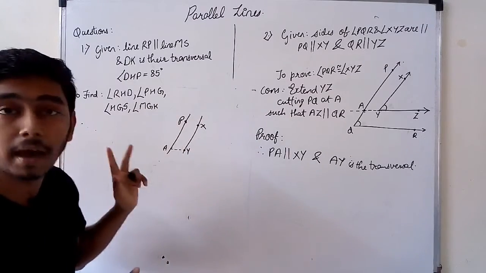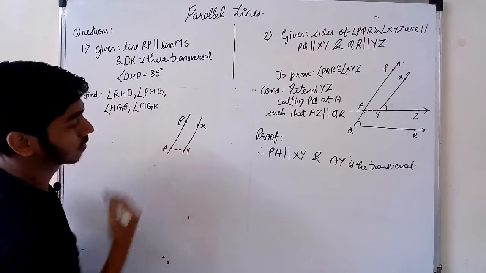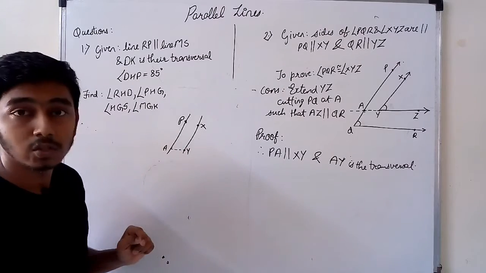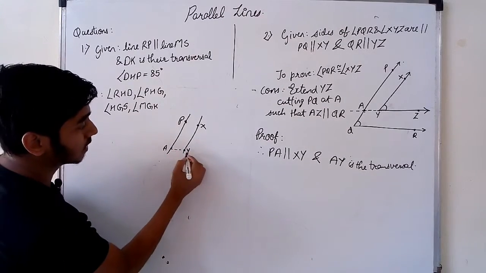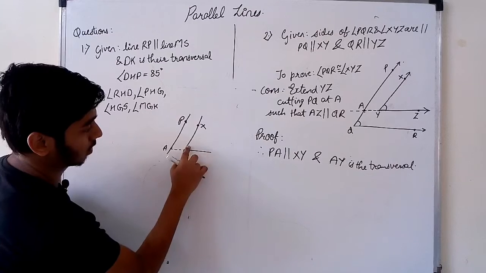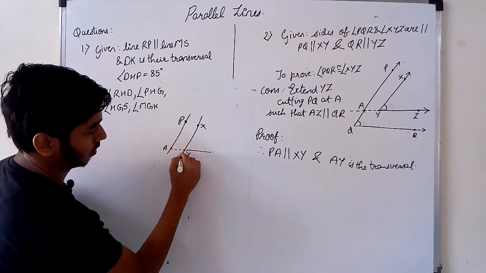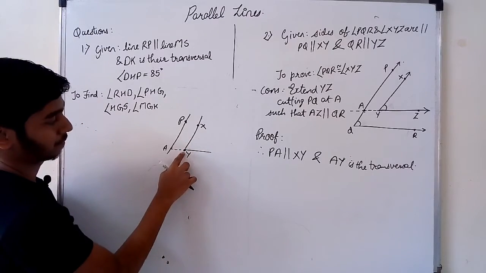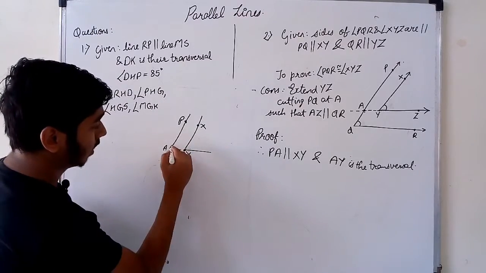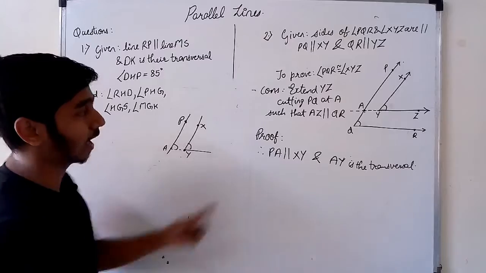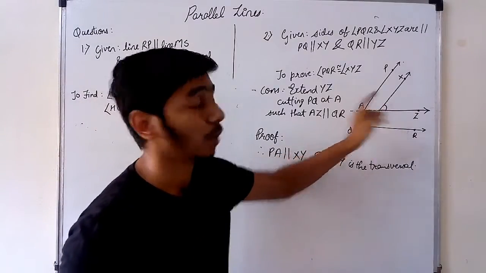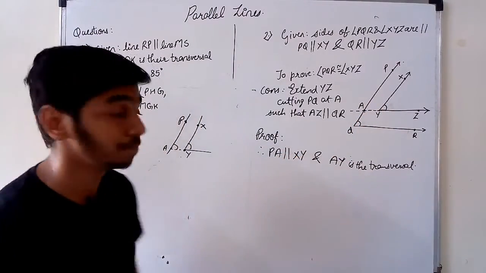PA and XY are parallel, and there is a transversal here, AY. So can we say that this angle and this angle are congruent? Why? Because corresponding angles theorem.